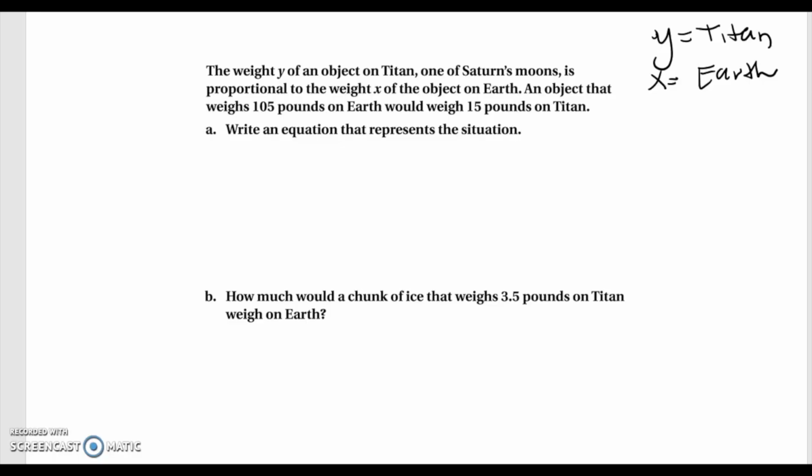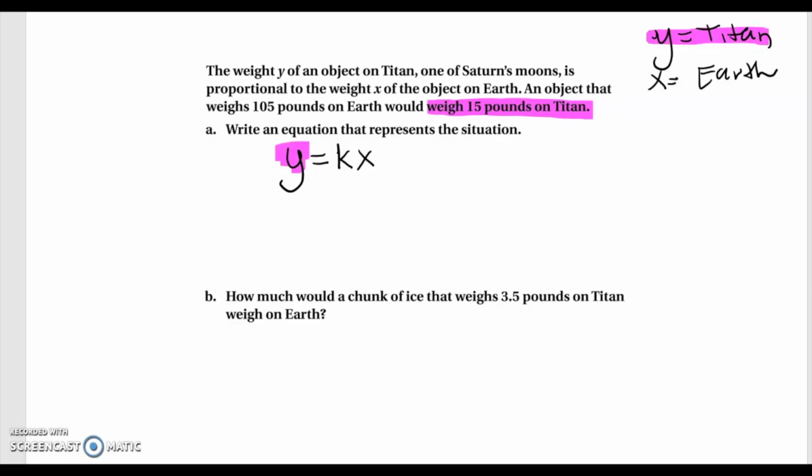So we want to come up with the equation. So remember that our equation is always in the format y equals kx or mx. And so y represents Titan. So it tells us that it weighs 15 pounds on Titan.